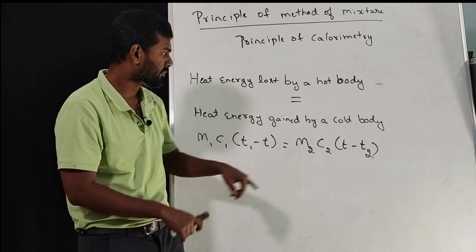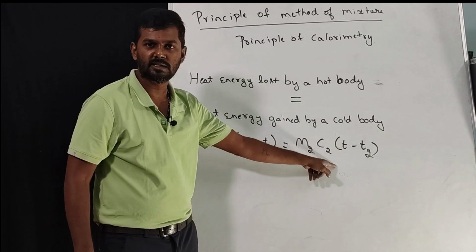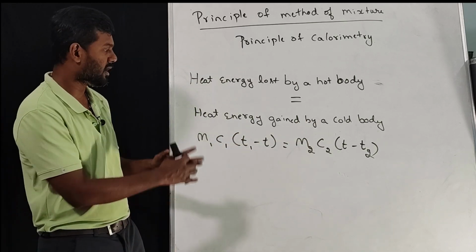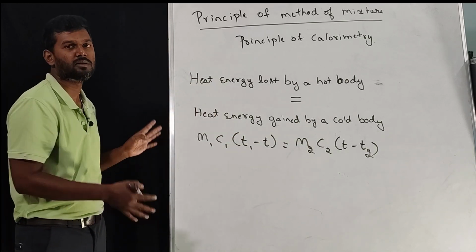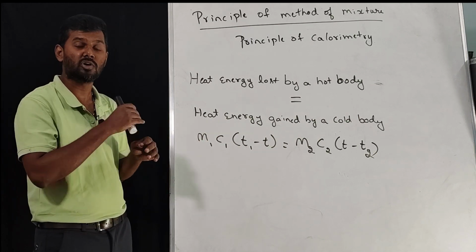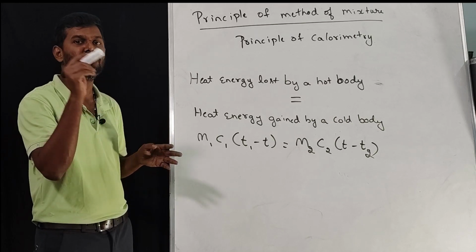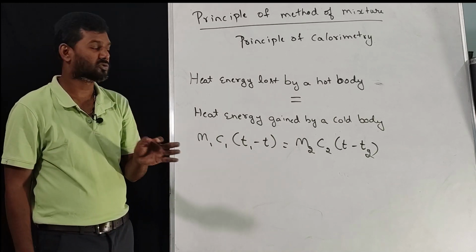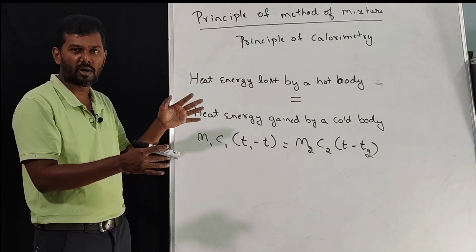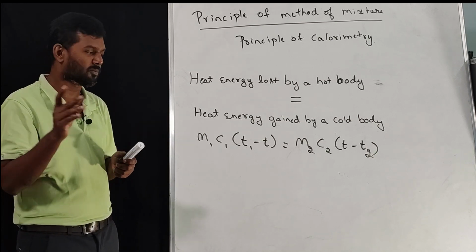T2 is the initial temperature of the cold object, and T represents the final temperature of the mixture. That's it. If you know all these things, you can solve any numerical. We are going to learn each and every numerical from the textbook. If you learn that many numericals, I think you are ready for any numerical they ask in the board exam.